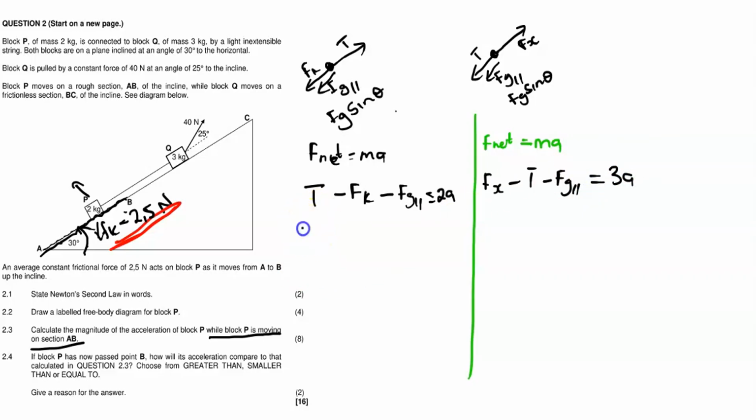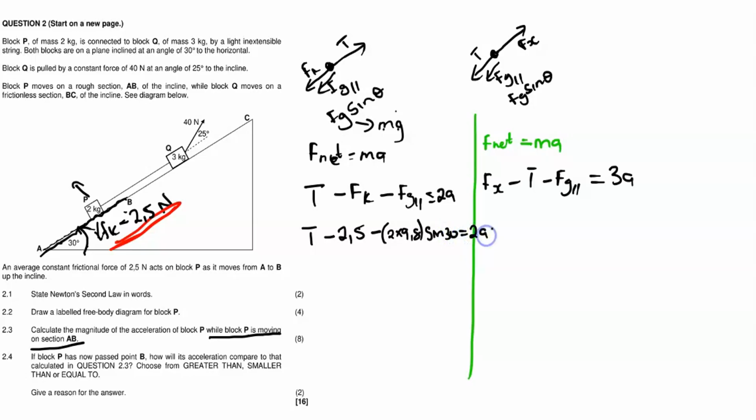And then here we have T minus, they gave us Fk, it's 2.5, minus, you know, the Fg parallel is Fg sine theta, and the Fg is actually mg, which is 2 times 9.8 for this one. So we just say 2 times 9.8 and then sine 30.